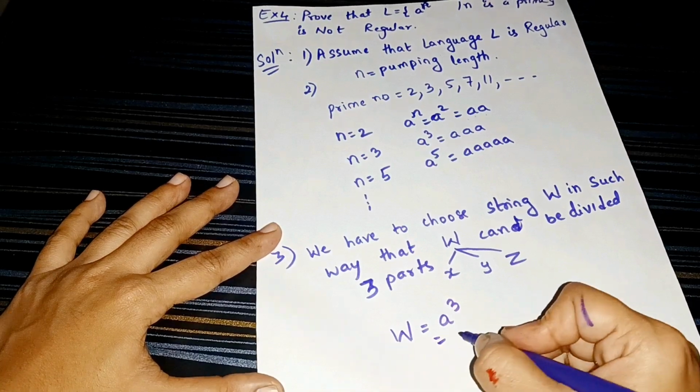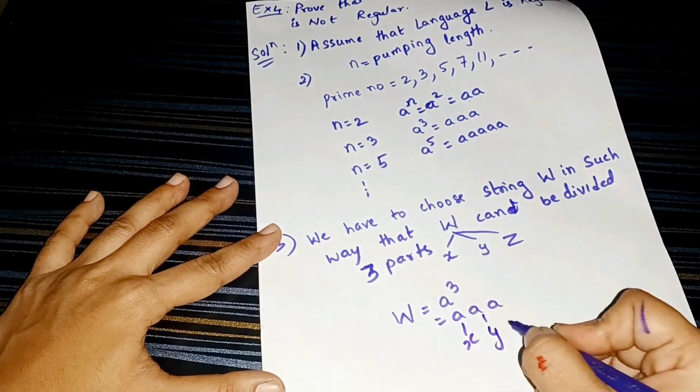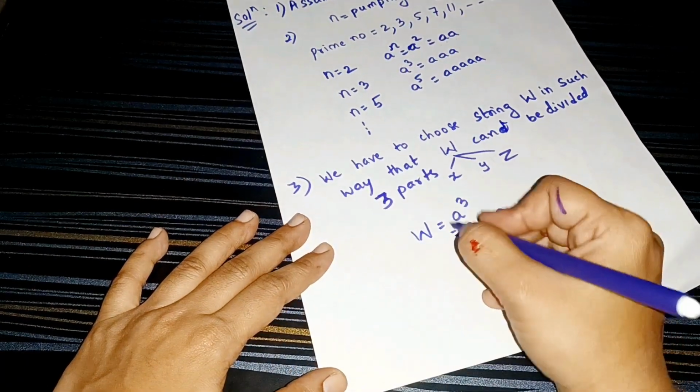Here X is a, Y is one more a, and Z is one more a, and hence we are taking this string.